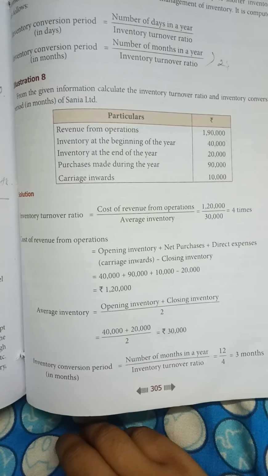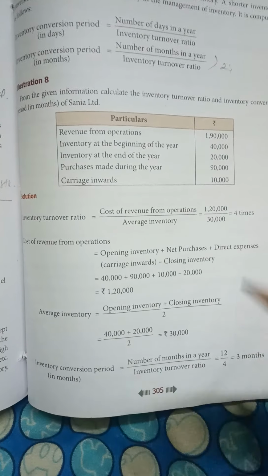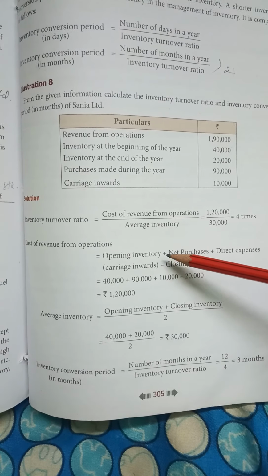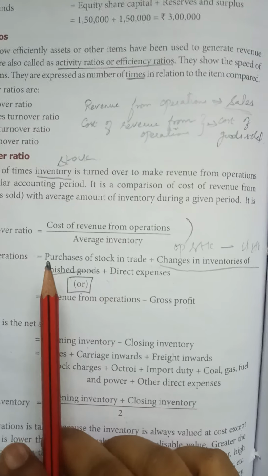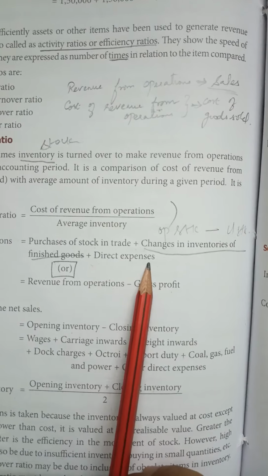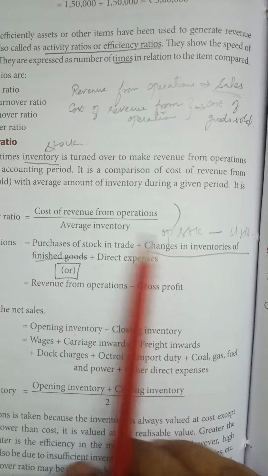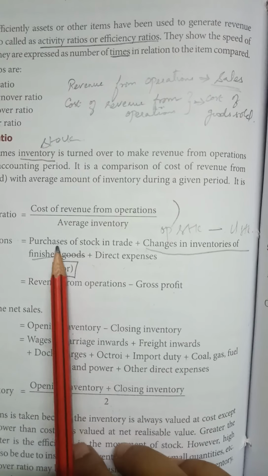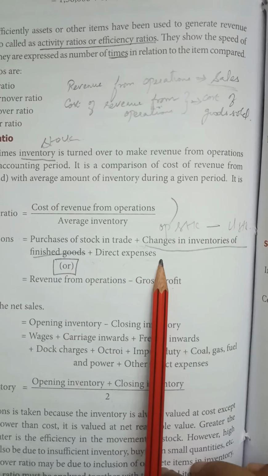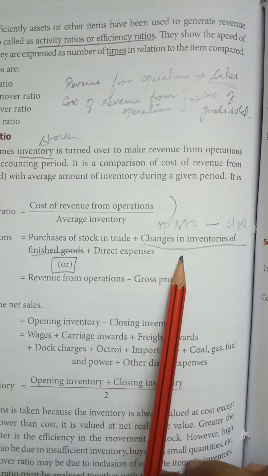To find out cost of revenue from operations, we can simply follow this formula: purchase of stock plus changes in inventories plus direct expenses, which is nothing but your purchases amount, plus opening stock minus closing stock, plus your direct expenses.